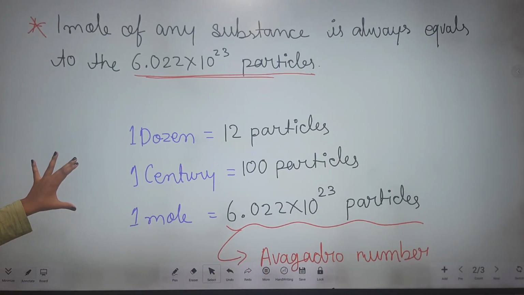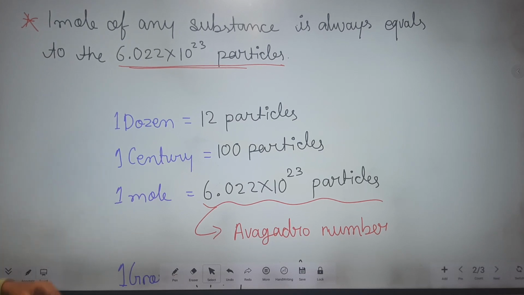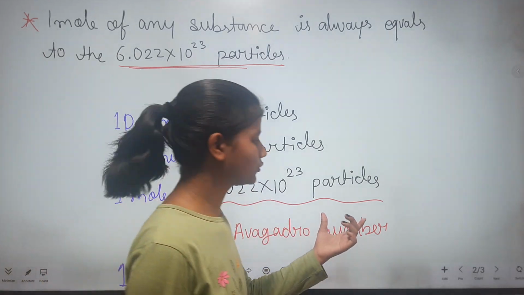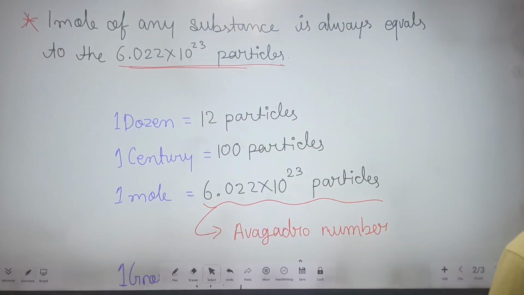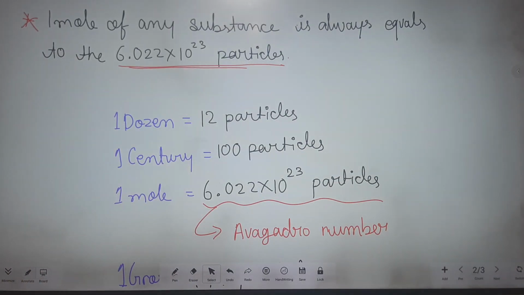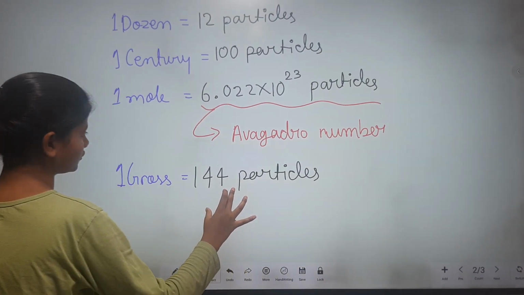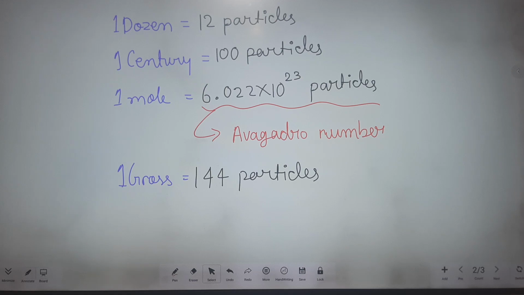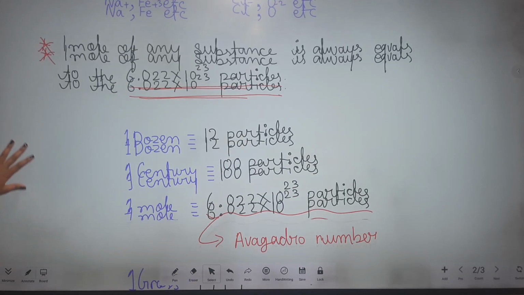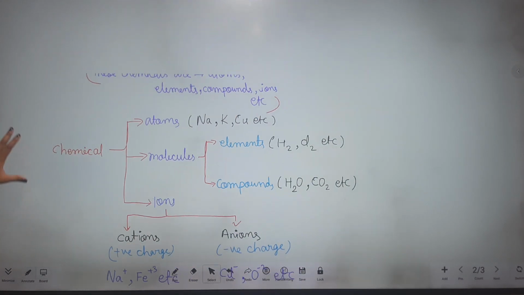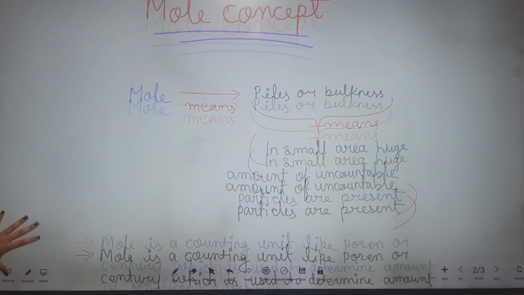Now 1 dozen is equal to 12 particles, 1 century is 100 particles, 1 mole is 6.022 into 10 to the power 23 particles, also known as the Avogadro number. After that, 1 gross is equal to 144 particles. Okay. So I hope you understand everything related to the whole concept.